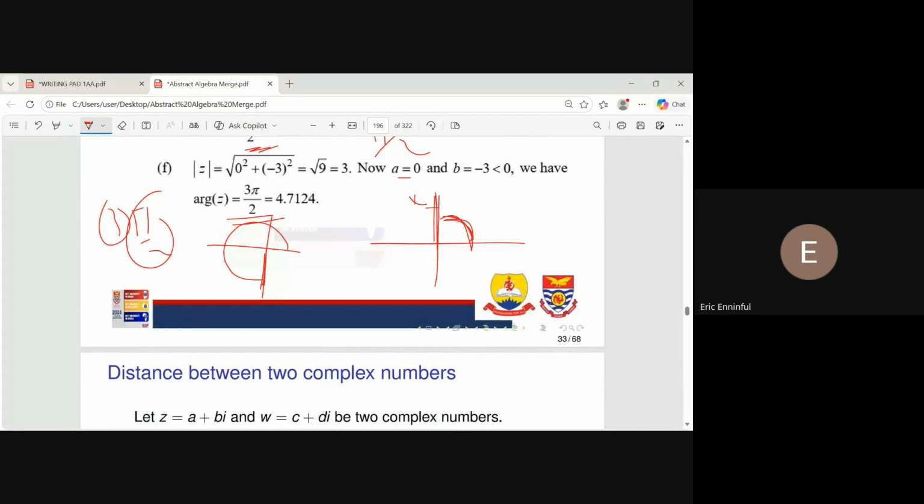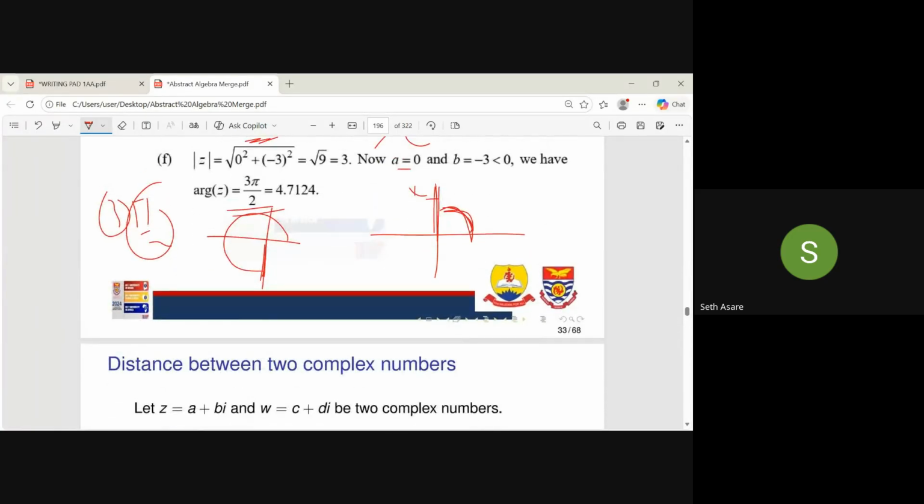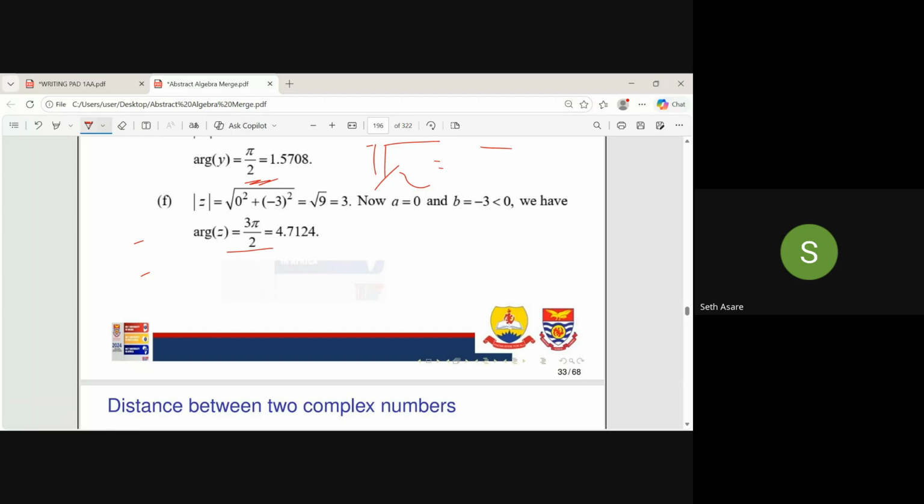Yes, sir. Please, can you go over it once more for me? I am saying that if I should plot this, that one is going to give me this. It's going to talk about x is 0. If x is 0, we are talking about the y-axis. So this is what we have. So this is somewhere here.